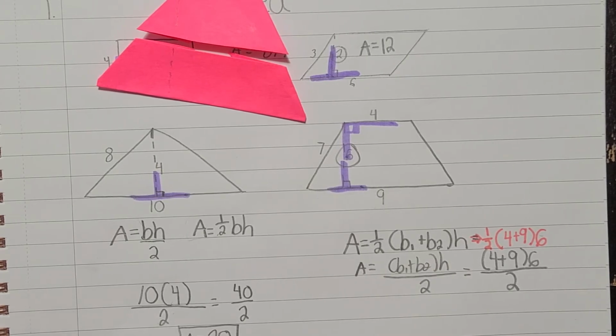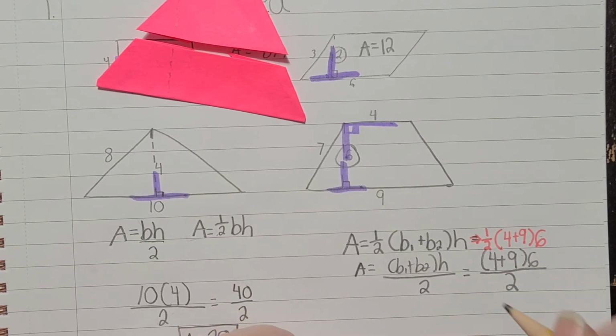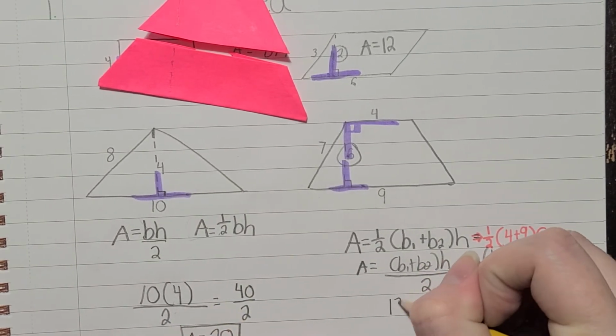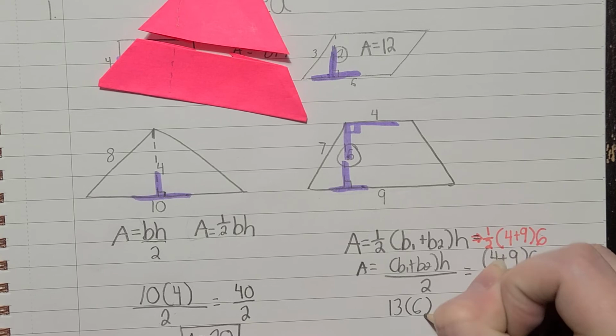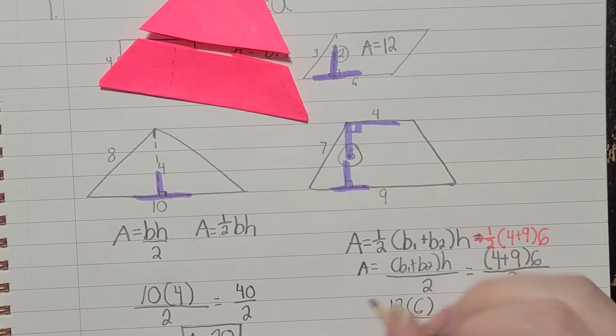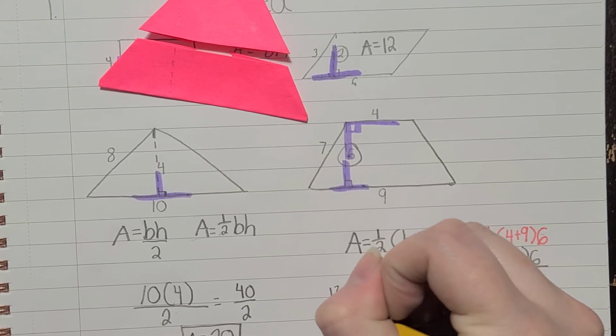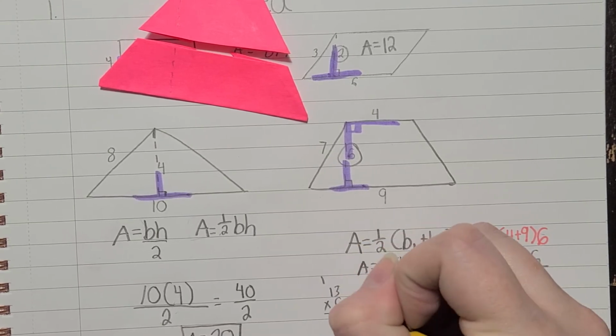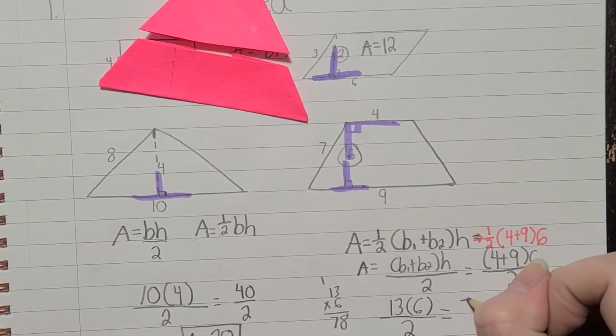All right, so let's go ahead and solve. My 4 plus 9 is going to give us 13. And then we still have 6 as our height to multiply and then divide by 2. 13 times 6 is 78.